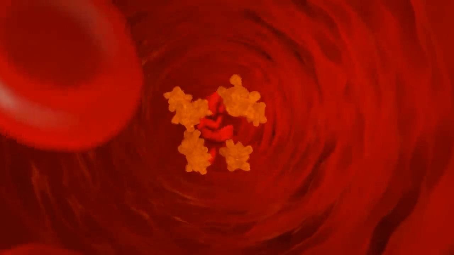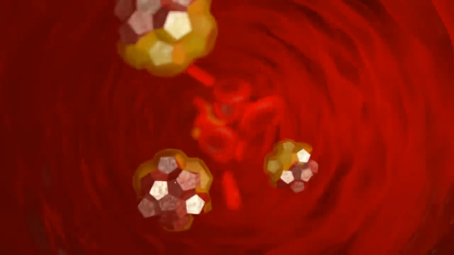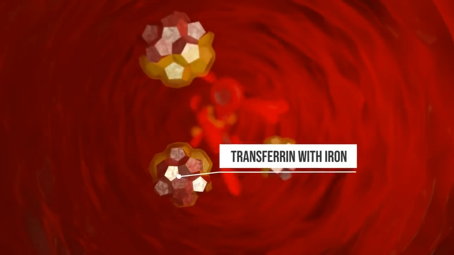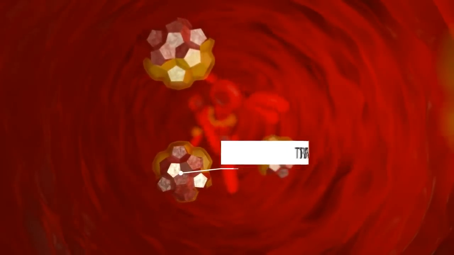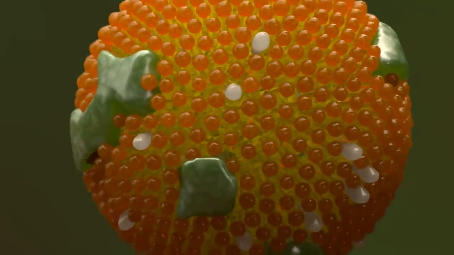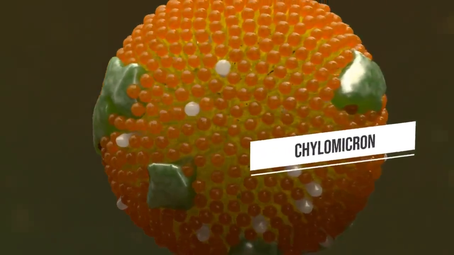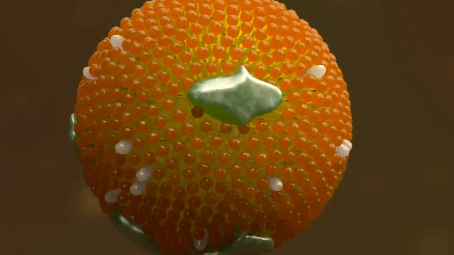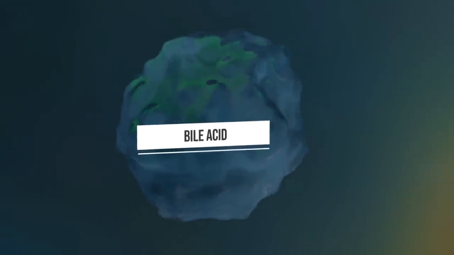They are transported freely in the bloodstream. Other nutrients, such as iron, require transport proteins like transferrin. Fats are transported by chylomicrons, which are lipoproteins. The triglycerides to be transported are virtually enclosed in the lipoprotein.